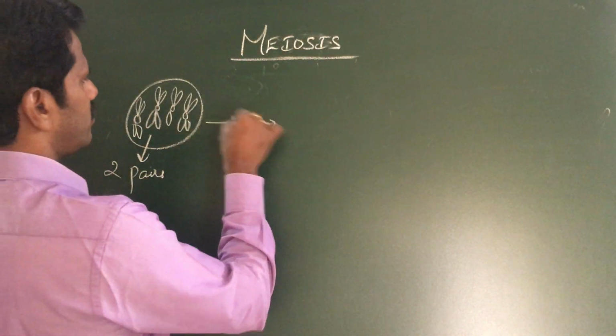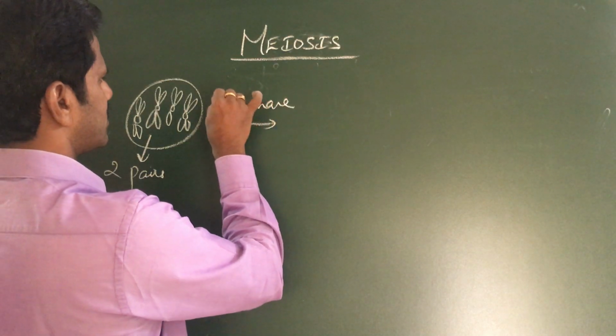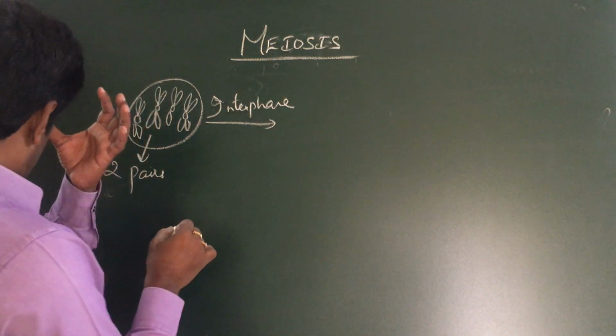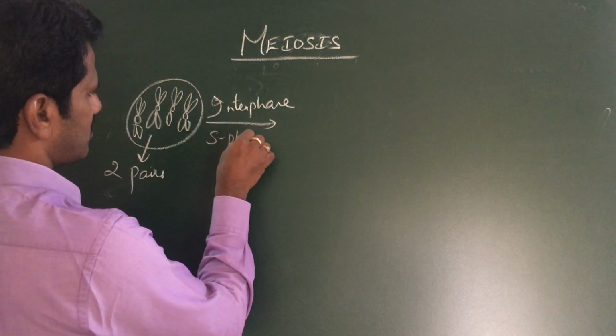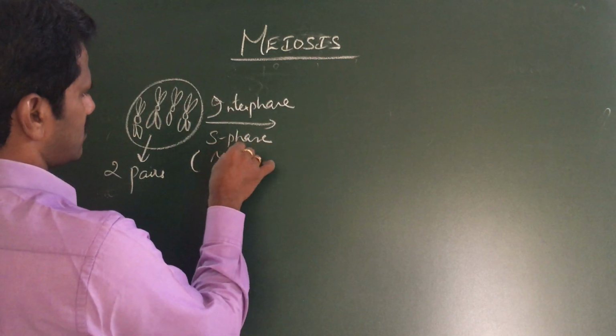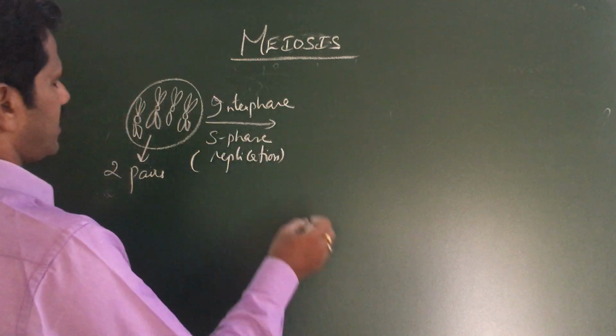Once they enter into the interphase, the genetic material gets duplicated. So in the S phase, replication will take place, and whatever genetic material is present will get replicated.